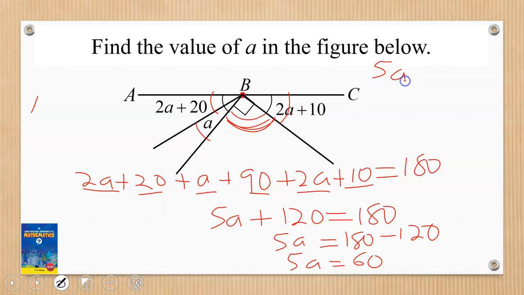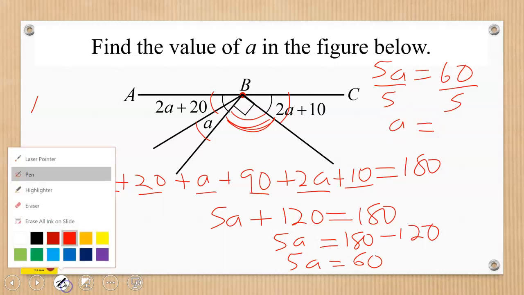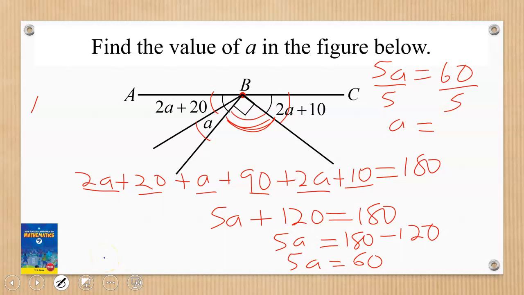If I divide both sides by 5, I have A equal to 12, because 60 divided by 5 is 12. The question says find the value of A, so the value of A is 12.